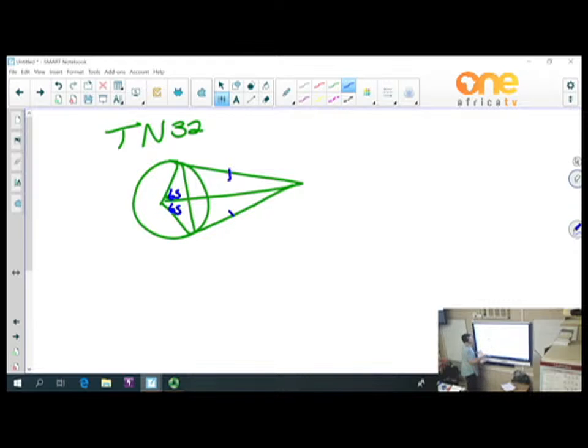Because it's isosceles, because those two are equal radii, that's why we can assume it this time. And now they say find MTN. This one is 90 degrees because it's the tangent to the radius. So what is this one? 25, yes. And then the next one, MNT.